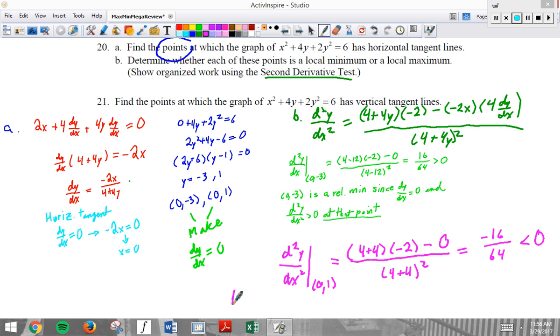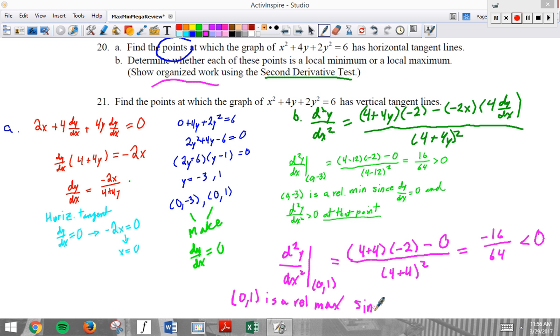It's negative 16 over 64, which is less than 0. So (0, 1) is a relative max. Don't assume you know just because of how they are arranged. You might, based on this being an ellipse, a conic that you know, but you need to still show all of the work using the second order test.